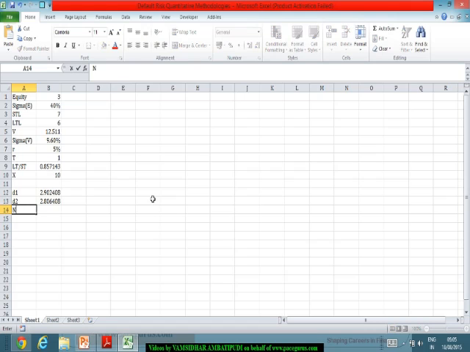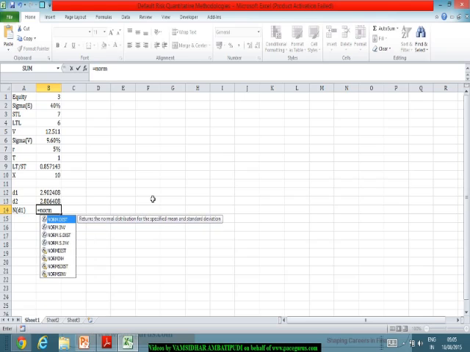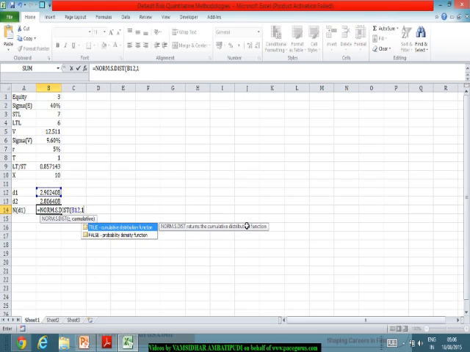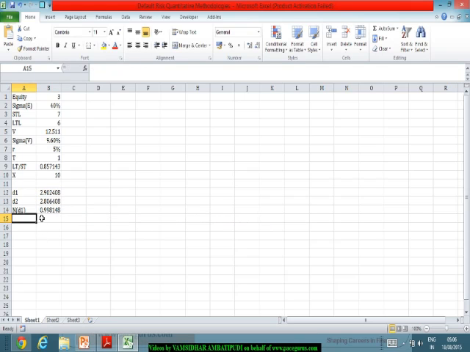Then I'll compute my N(D1), which is the norm.dist value associated with D1, and then I can compute N(D2) also using a similar formula. And from here we are talking about N of minus D2.